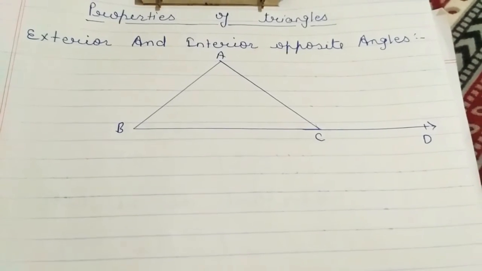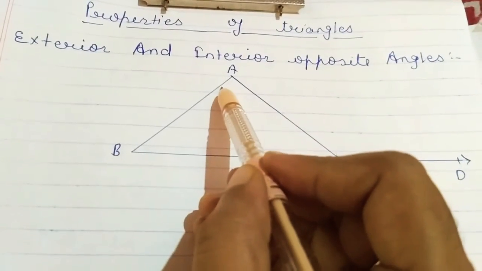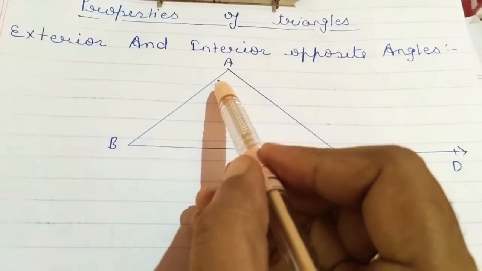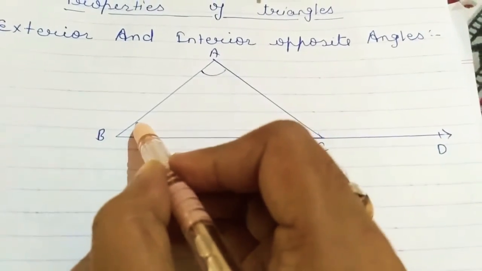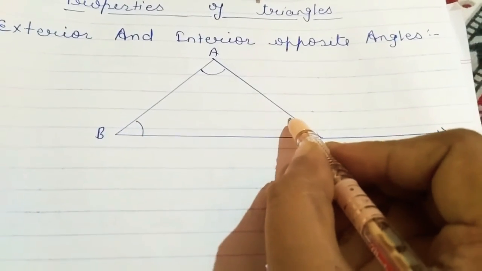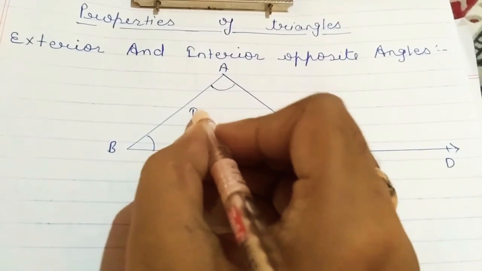exterior. Okay, so angles which are inside the triangle are known as interior angles.